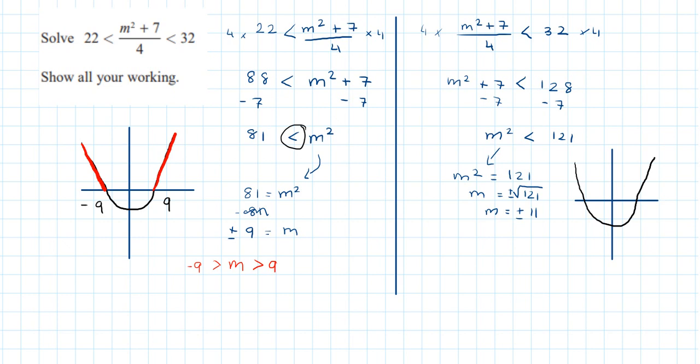In this case, m squared is smaller than 121, so I want the bit below the x-axis.